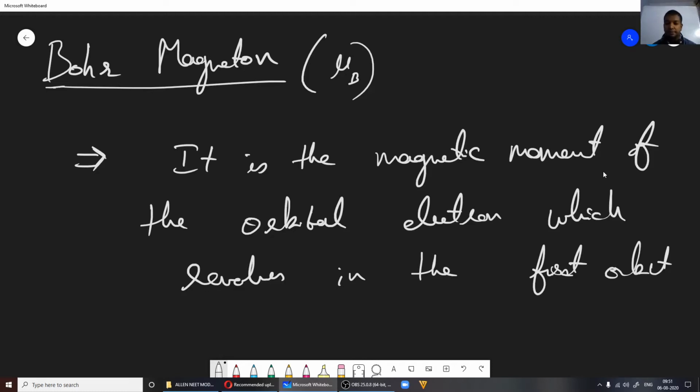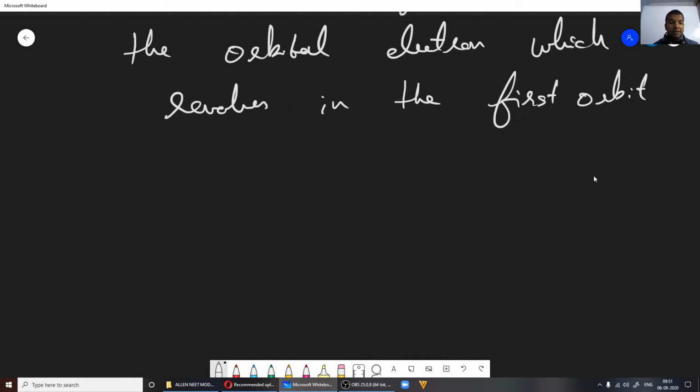So this is the basic definition of Bohr magneton. Now can we find its value? Yes, we can find its value, it is easy.